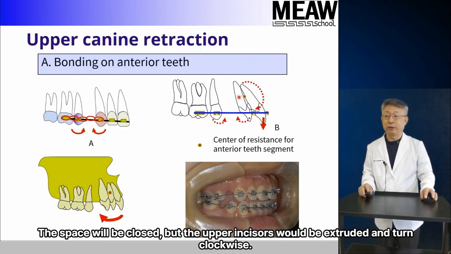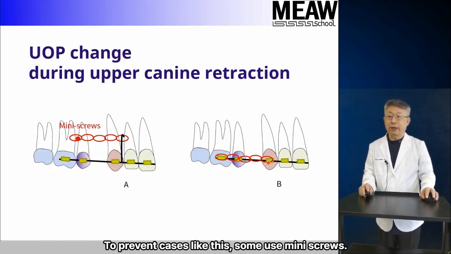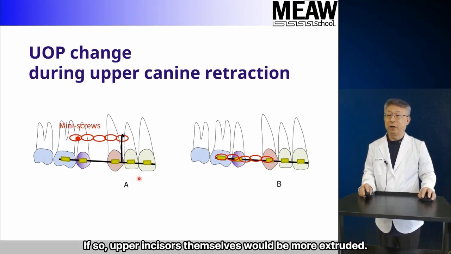The space will be closed, but the upper incisors would be extruded and turn clockwise. To prevent cases like this, some use mini screws. When using mini screws, upper tooth number 7 is also included. If so, upper incisors themselves would be more extruded.